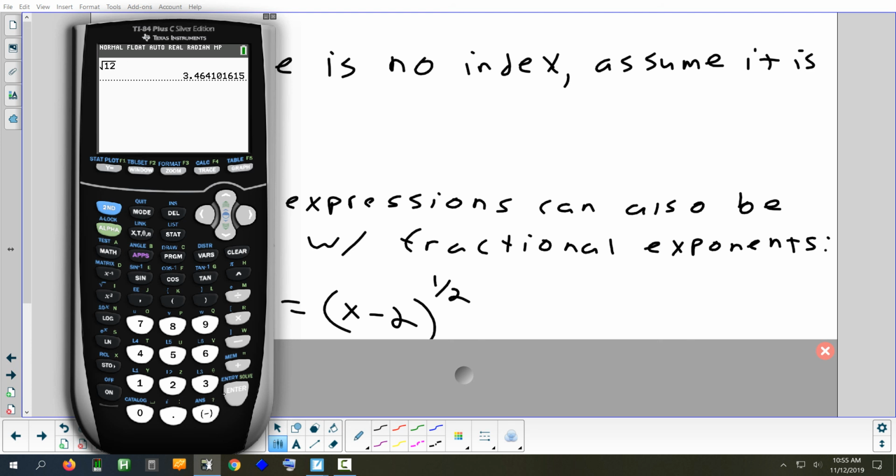Get 3.46. Let's take 12 and raise it to the 1/2 power. Or 0.5, same thing. 3.46. Okay, so what I'm just trying to show you is that taking a square root or raising something to the 1/2 power is exactly the same thing.